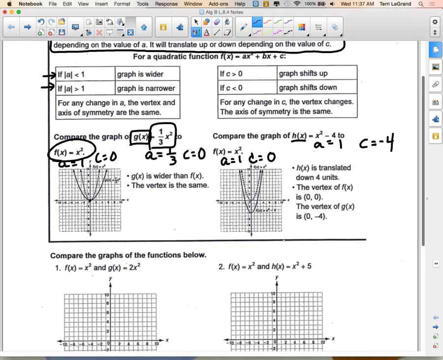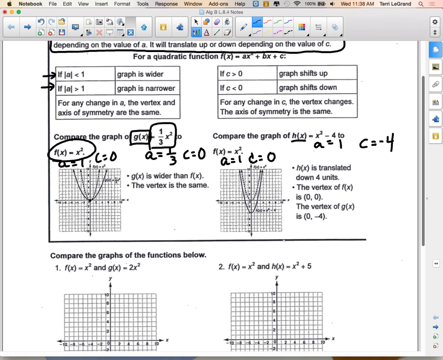Here's the thing. It looks kind of deceiving. When it moves down, which is what happened because the c values are different, it's got more room to climb, so it actually looks like it got wider, doesn't it? It looks like this one is wider than the parent function, but it's not. It didn't get any wider. The only thing that happened is it translated down 4 units.